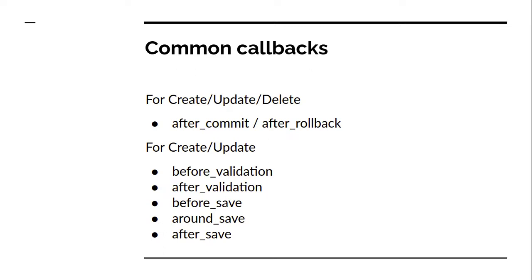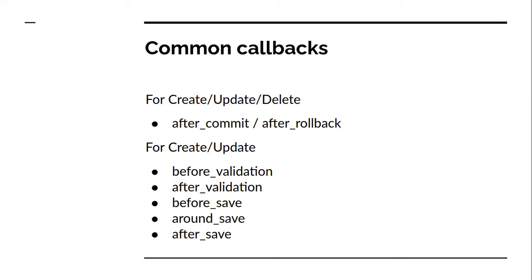Then validation gets invoked. And whenever you update an existing instance or create a new instance, it means you are trying to save something in your database. That's why before validation, after validation, before save, around save, and after save will work on create and update. Now it's time to implement some callbacks in our application.